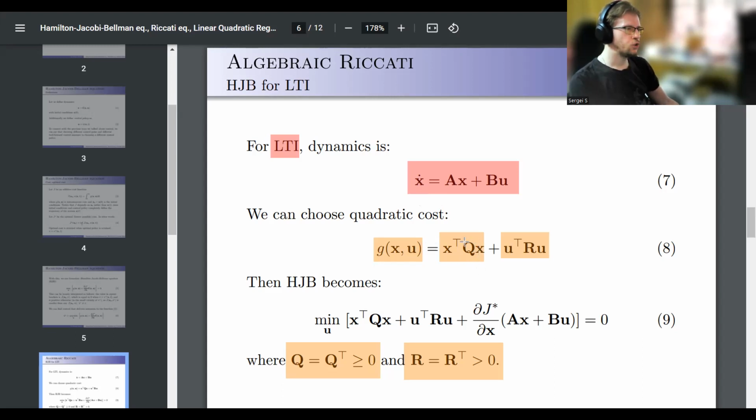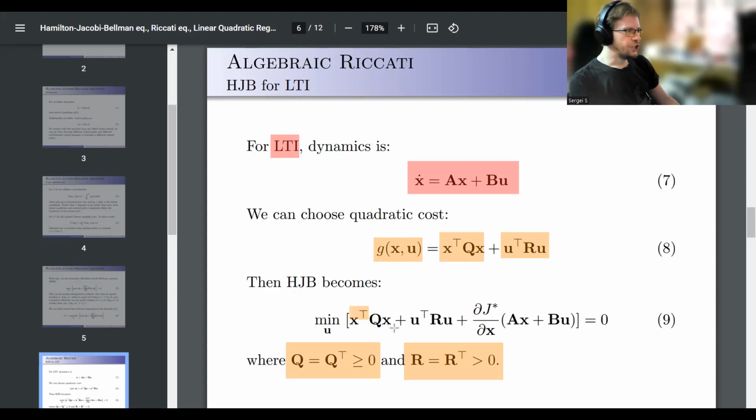So if Q is diagonal, it will become a sum of x1 squared times q1 plus x2 squared times q2, and so on and so forth. This is not anything too strange. Same here. If R is diagonal, then you would have just u1 squared times r1 plus u2 squared times r2, etc. Okay. Now let us substitute all of this goodness into HJB.